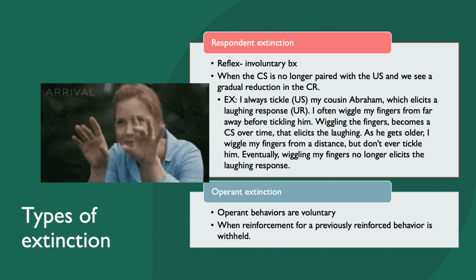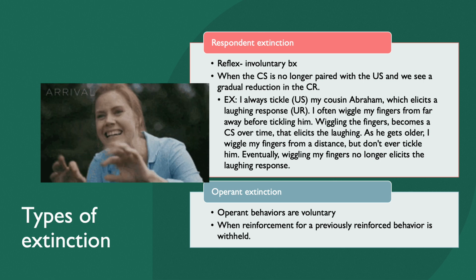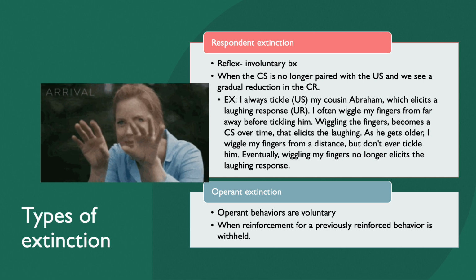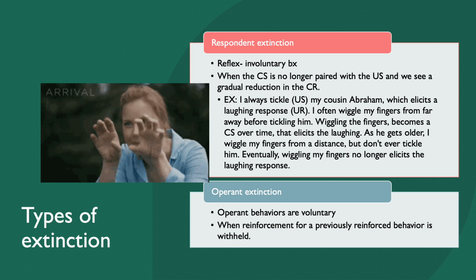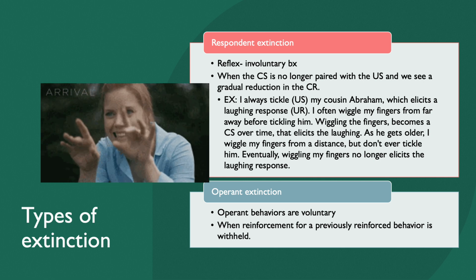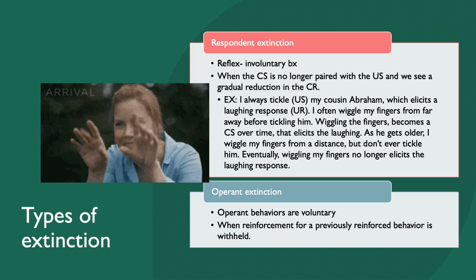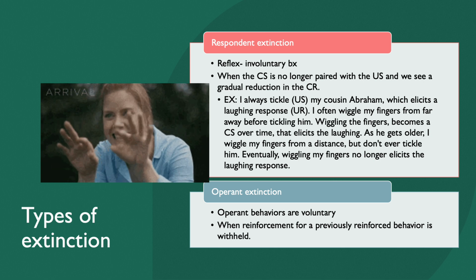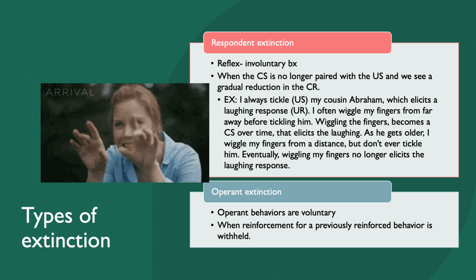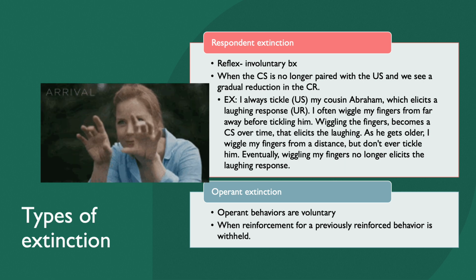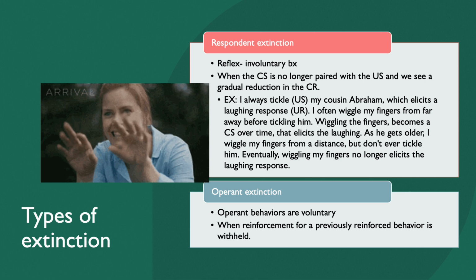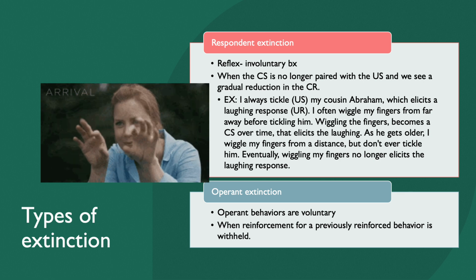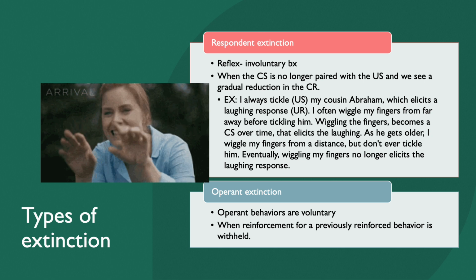So again, what I wanted to highlight is that these two procedures, respondent extinction and operant extinction, are completely different procedures that we implement for the different types of behaviors that we as humans or as organisms engage in, okay? When you hear the term extinction alone, typically you can assume that we're referring to operant extinction. So throughout the presentation for today, we're going to be focusing on operant extinction. There's nothing on respondent behavior in this presentation except for this slide.